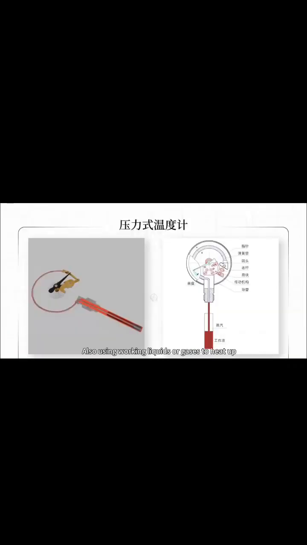Moreover, due to the limitations of high-temperature materials, contact meters cannot be used for extremely high-temperature measurements. Commonly used contact temperature measuring instruments mainly include thermal expansion thermometers, thermocouples, and thermal resistance thermometers.